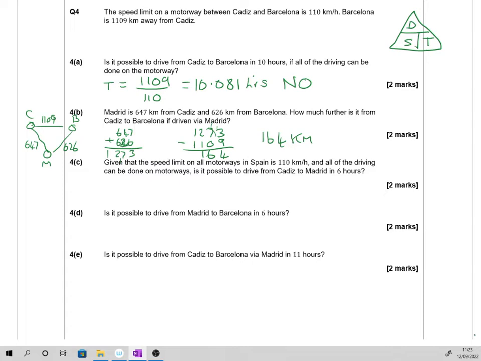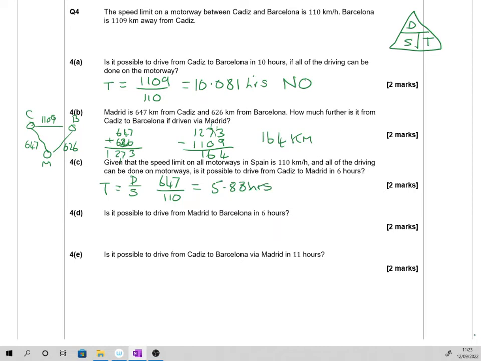Given that the speed limit on all the motorways in Spain is 110 and all of the driving can be done on motorways, is it possible to drive from Cadiz to Madrid in 6 hours? Time equals the distance divided by the speed. The distance from Cadiz to Madrid is 647 and the speed is 110. 647 divided by 110 is 5.88 hours.